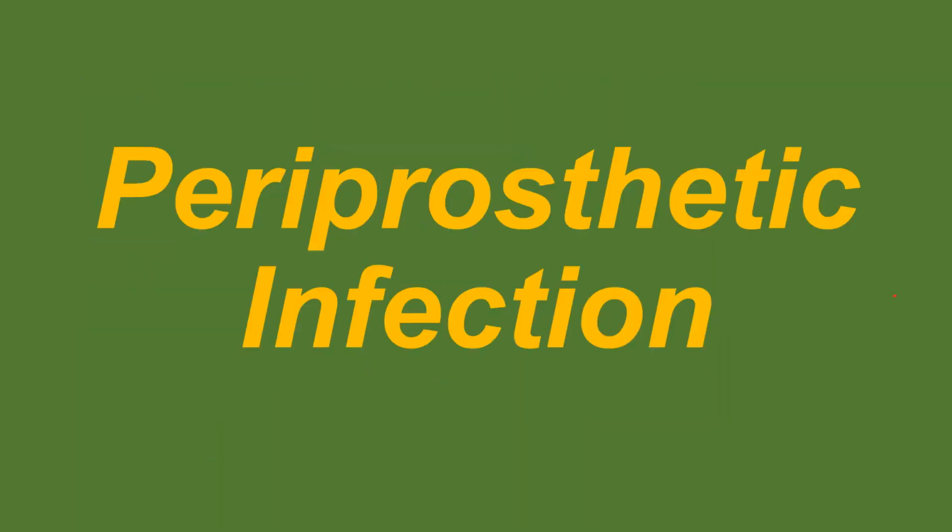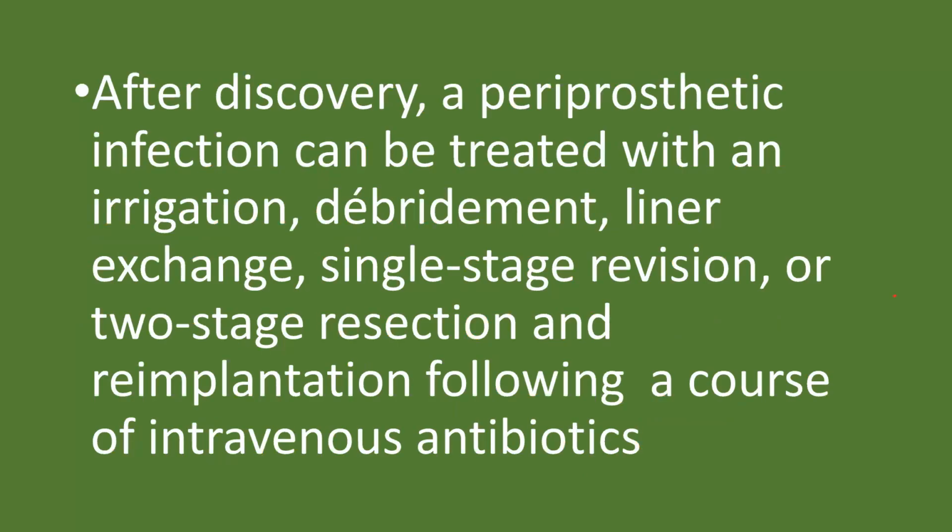Now we come to periprosthetic infections. I'm going to go through it. A periprosthetic infection can be treated with an irrigation, debridement, liner exchange, single-stage revision, or two-stage resection and reimplantation following a course of intravenous antibiotics.